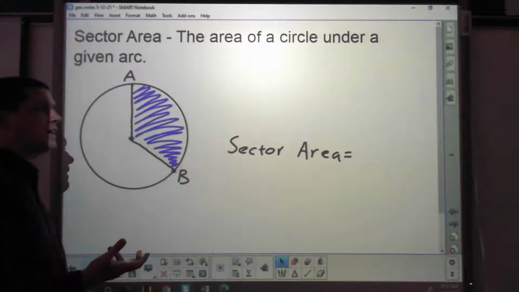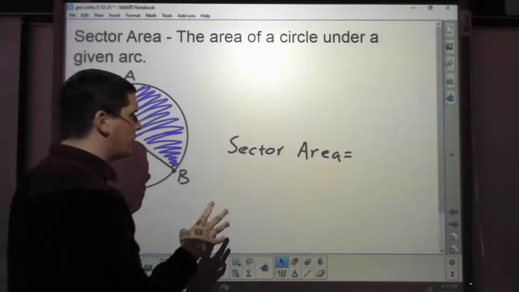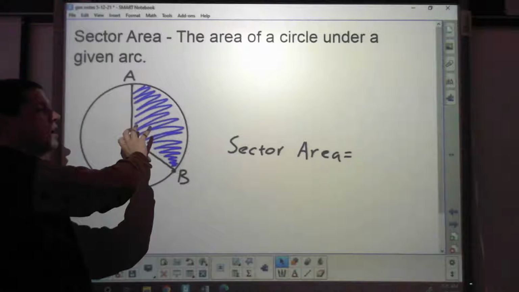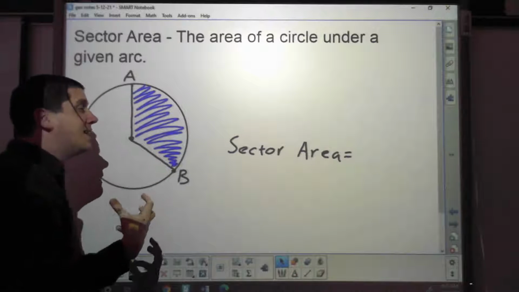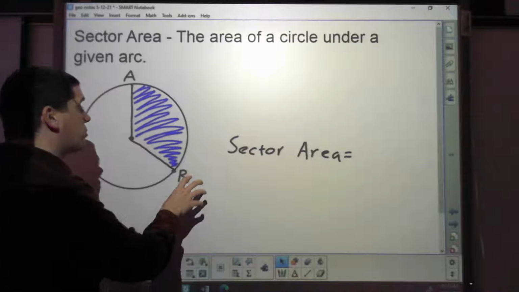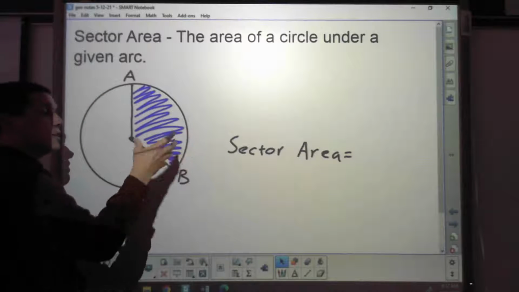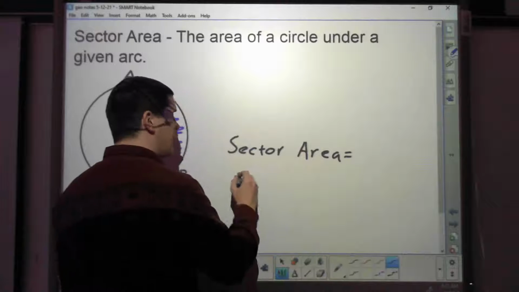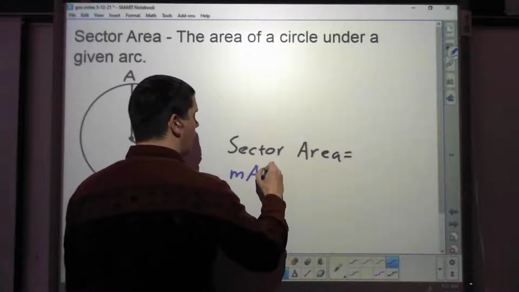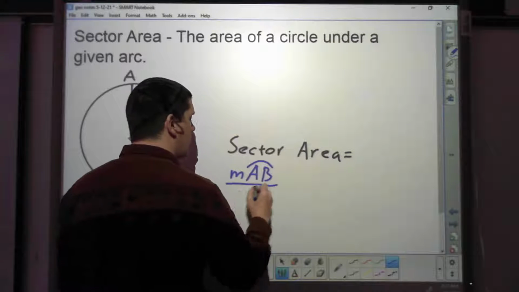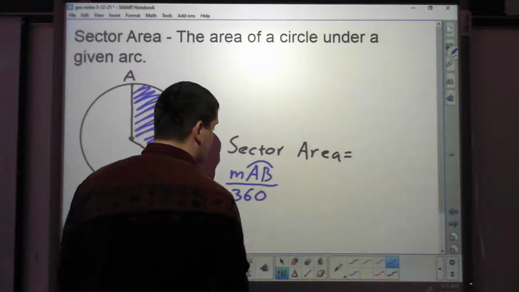So if I want to find the sector area of this right here, again, it's very similar. I need to figure out the percentage of this. So to figure out that percentage, I'm going to take the measure of arc AB and divide that by 360.